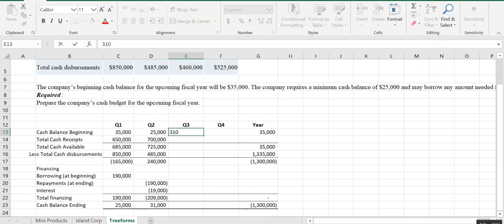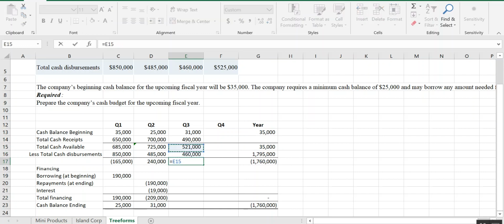Third quarter, we begin with 31,000. We add 490,000 in cash receipts. We have total 521, and we subtract out 460,000.